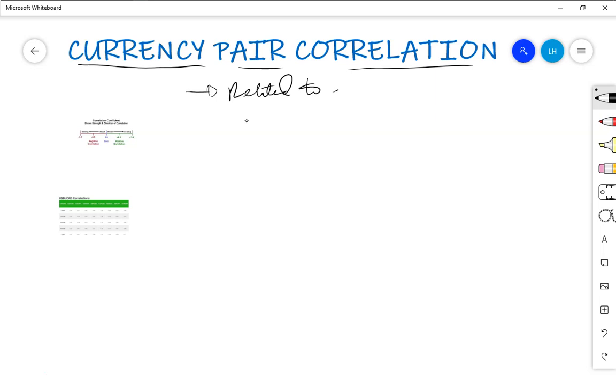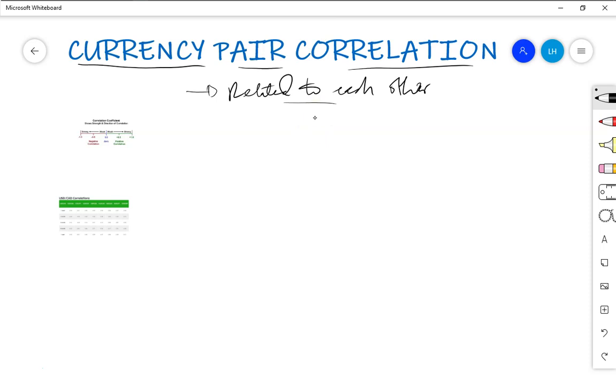It is based on the relation in terms of movement, the relation in terms of fluctuation in their values, and this is based on a specific period of time.